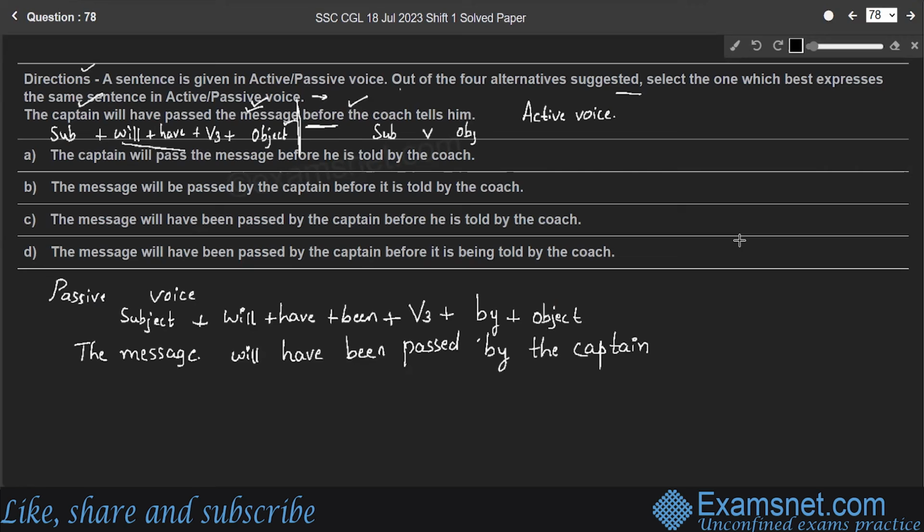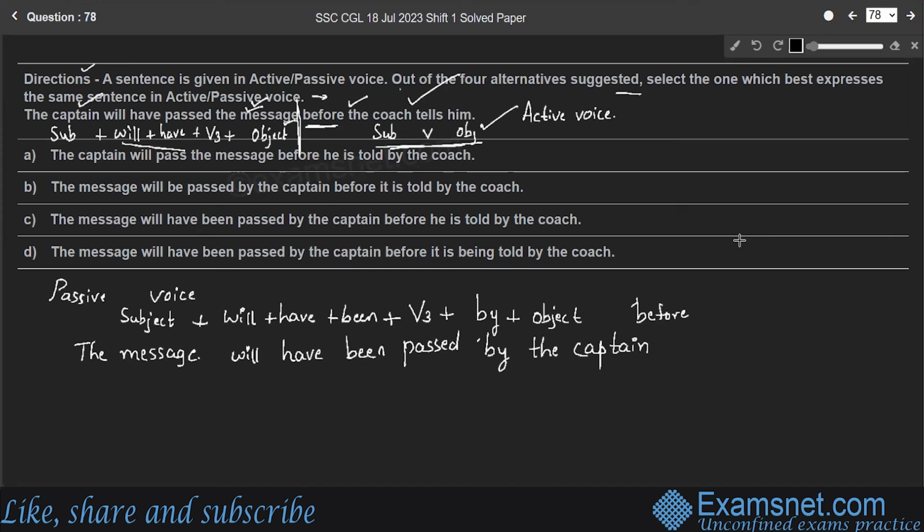Now consider the second part of the active voice. Here the word before will be as it is because it joins the 2 parts of the sentence. Therefore, before the coach tells him. Here coach is the subject, tells is the verb, him is the object. So this object becomes the subject.